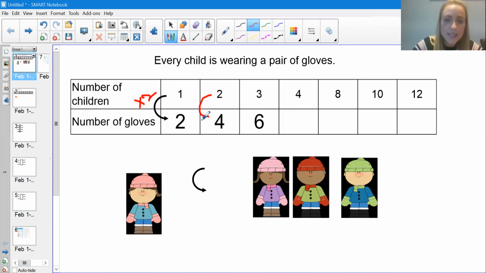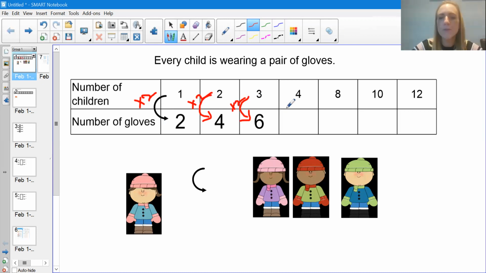Maybe I can draw it. There we go. That's better. Times by 2. Now let's have a look at the number 3 and let's see if that rule works again. 3 times 2 is 6. We know because we know how to times by 2.